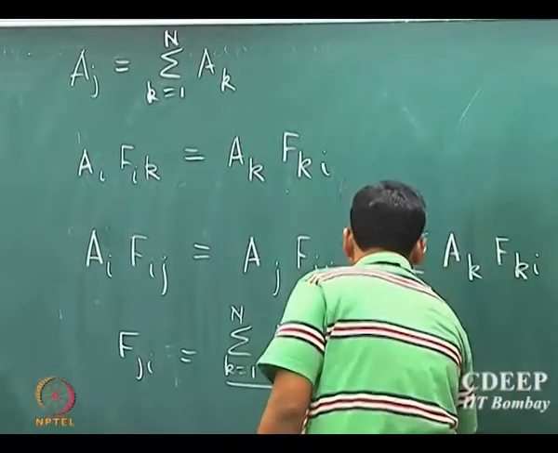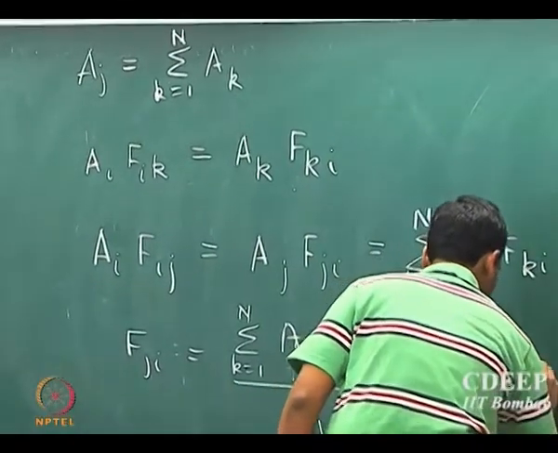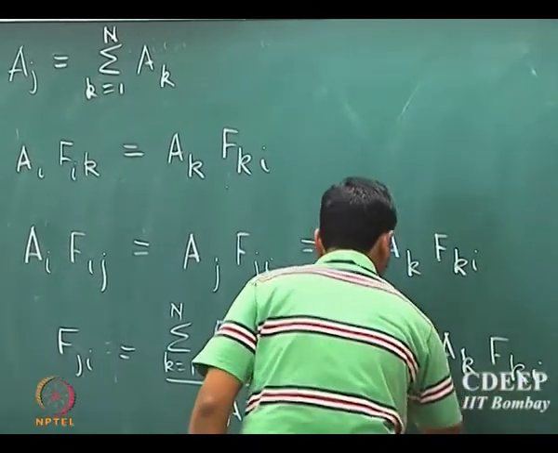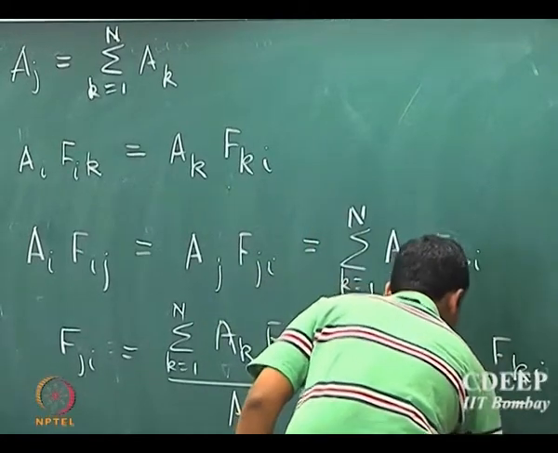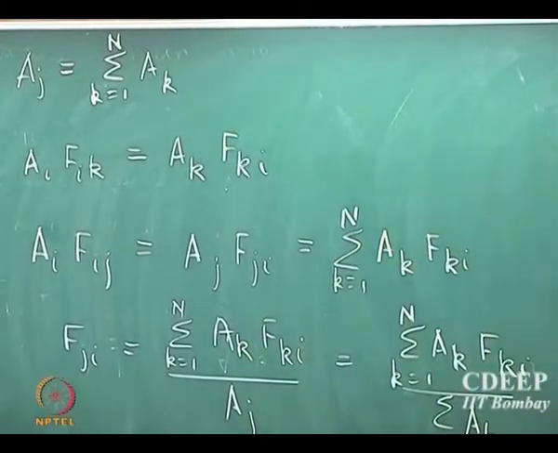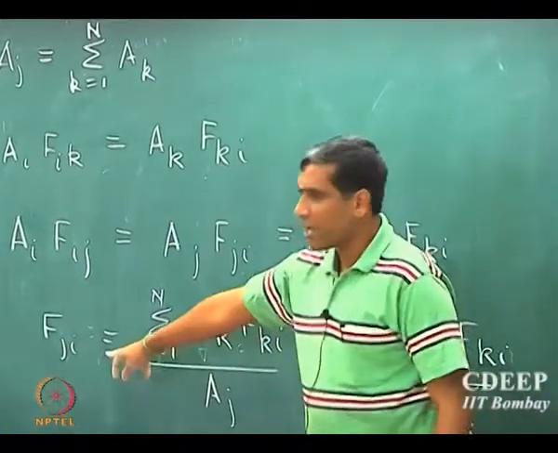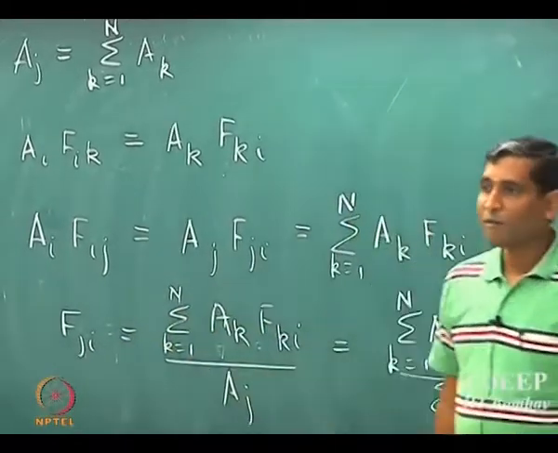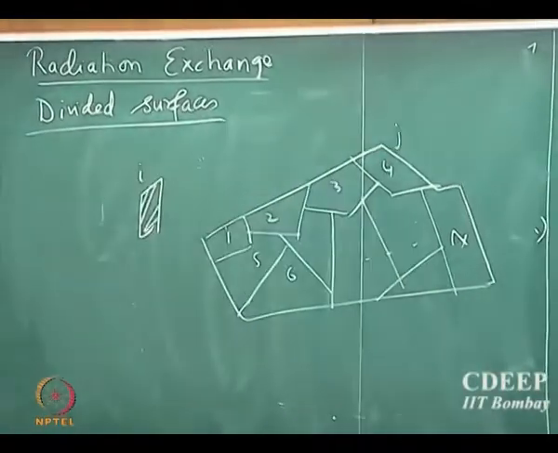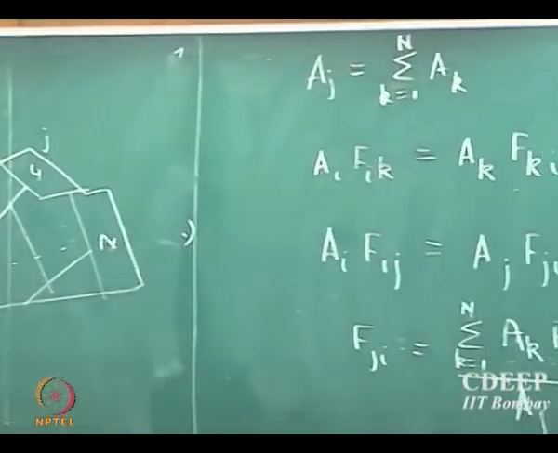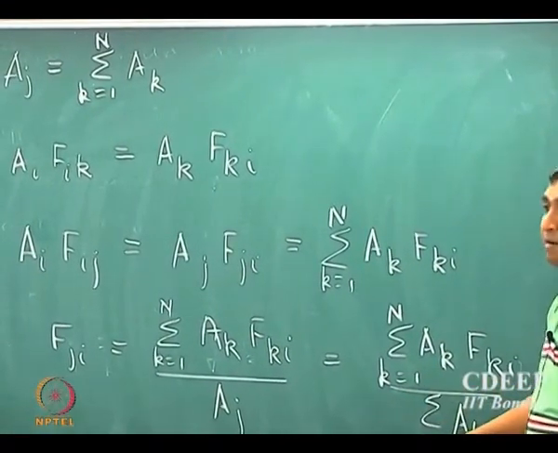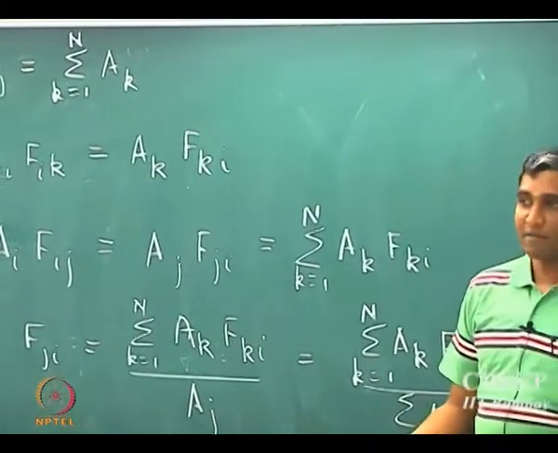So that will be the sum of Ak Fki, 1 to n, divided by the sum over all areas. So what this expression tells you is that Fji, which is the overall view factor between surface j and I, is simply given by the sum over the fractional area multiplied by the corresponding view factor. What is Ak by sum A? It is the fractional surface area.